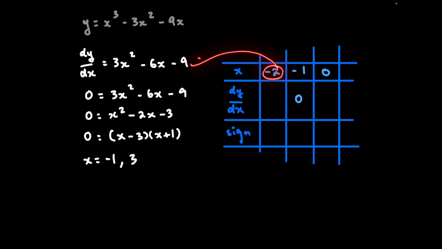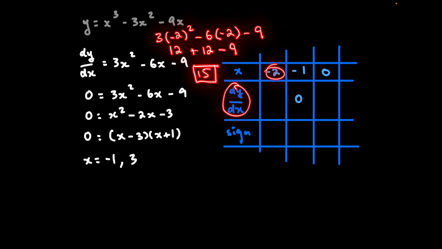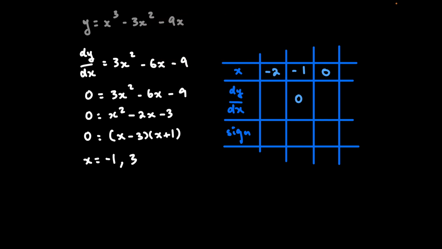I sub negative 2 into this equation, so I get 3 times negative 2 squared minus 6 times negative 2 minus 9. This gives 12 plus 12 minus 9, which is 15. So the derivative when x equals negative 2 is 15.